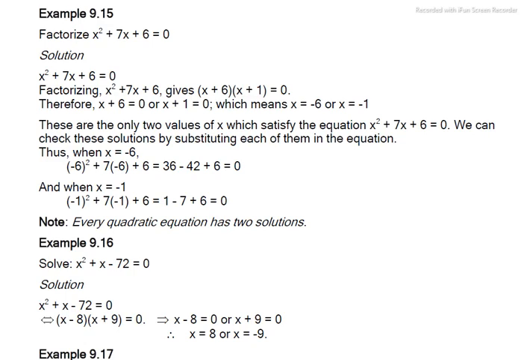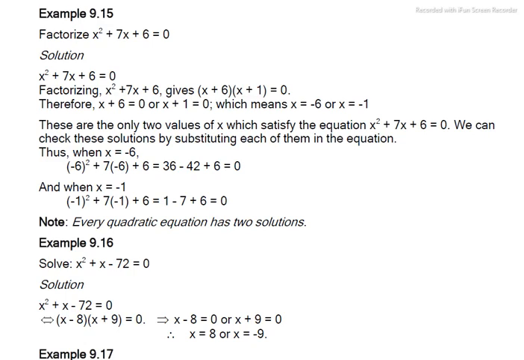So we look for numbers that we add to get 1 and multiply to get negative 72. We look at the factors of 72, and from them we shall get the required factors.